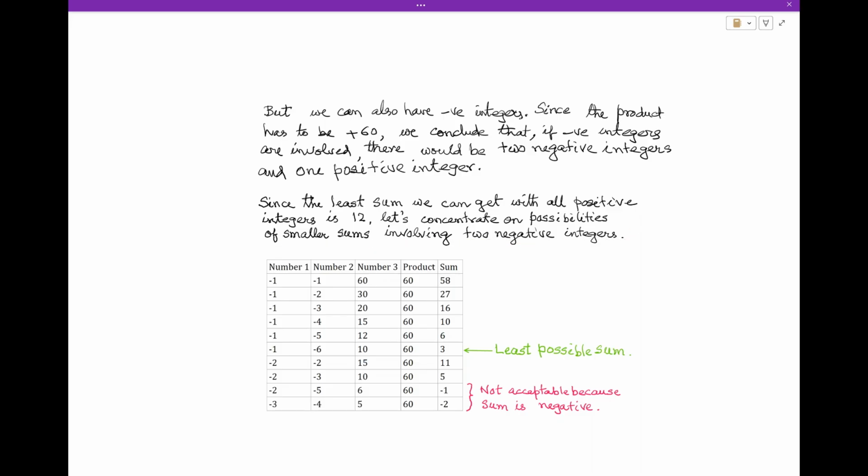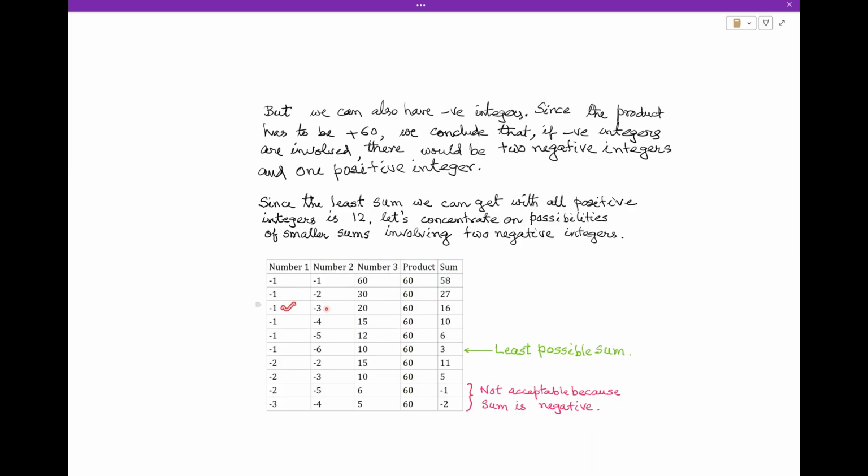We start with minus 1 and minus 1, and the third number is 60, product is 60 and sum is 58. Like this, we go down to minus 1, minus 2, 30, 60 and 27.